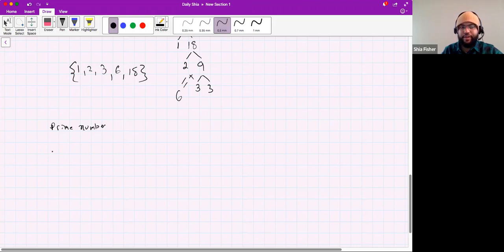So let's think about this. What about 2? Is 2 a prime number? The only factors of 2 using natural numbers are 1 and 2. So 2 is a prime number. What about 3? Again, it's only going to be 1 and 3 that can be factors of 3.